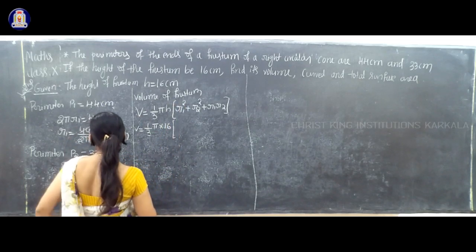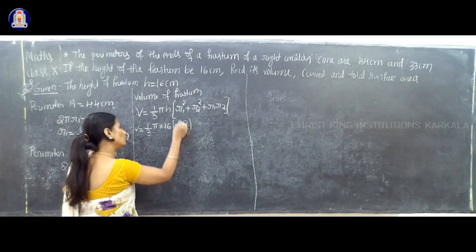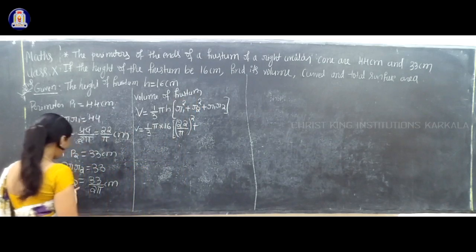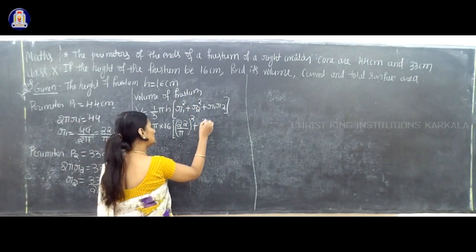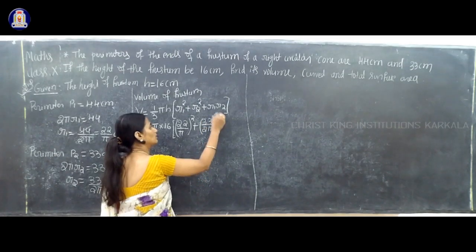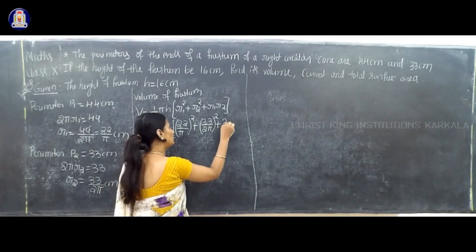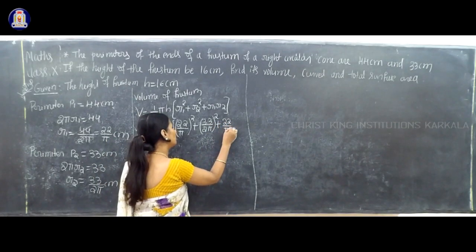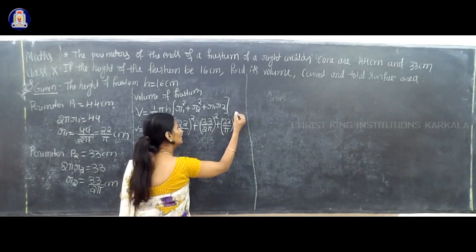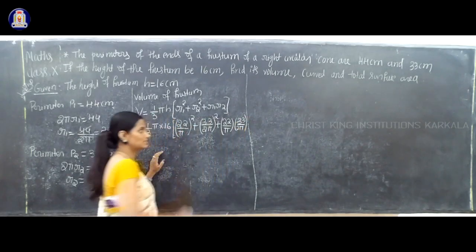H is 16. So now R1 square. What is your R1? R1 is 22 divided by pi whole square plus R2 square. R2 is 33 divided by 2 pi whole square, plus R1 into R2, 22 divided by pi into 33 divided by 2 pi.